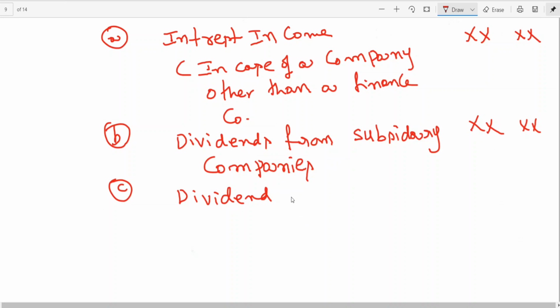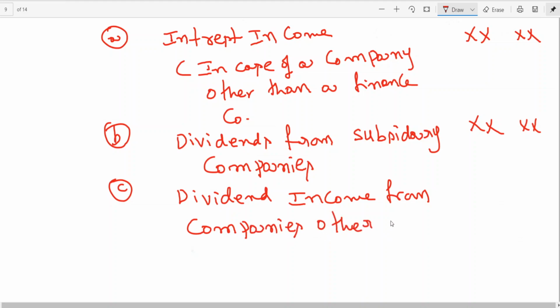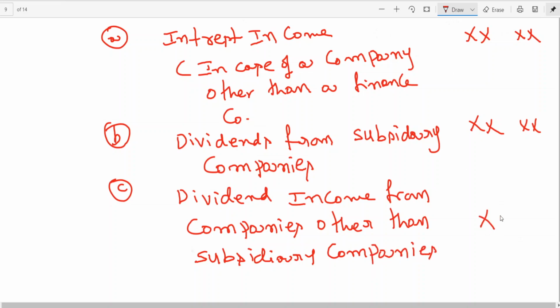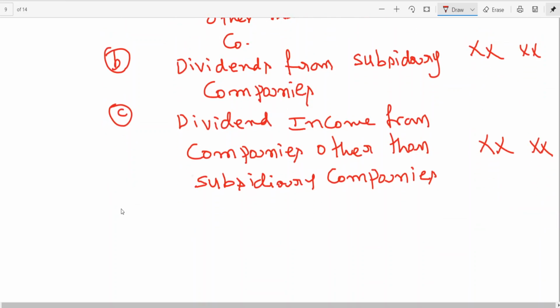Dividend income from companies other than subsidiary companies.